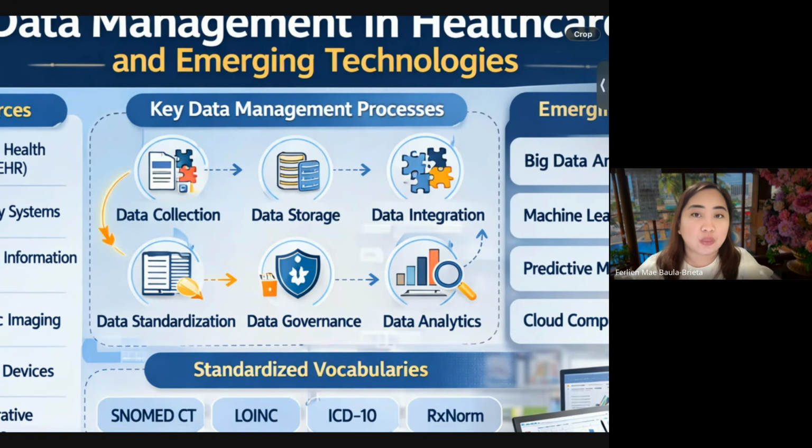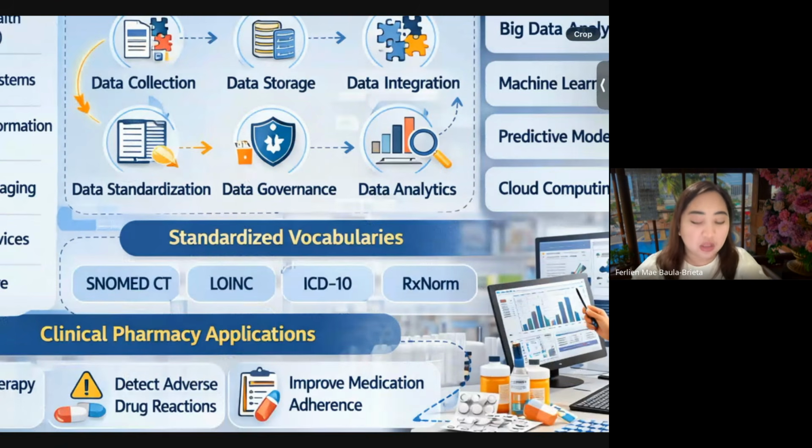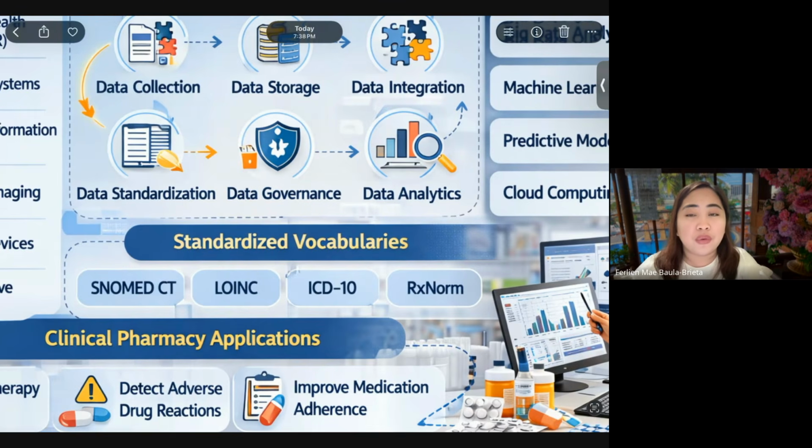discussed in this subject. We have standardized medical vocabularies, such as examples here: SNOMED CT, LOINC, ICD-10, and RxNorm. These may not be familiar for most of us right now, but these systems are used in different countries, different first world countries.